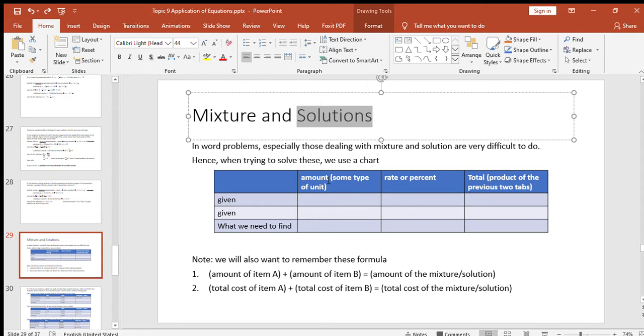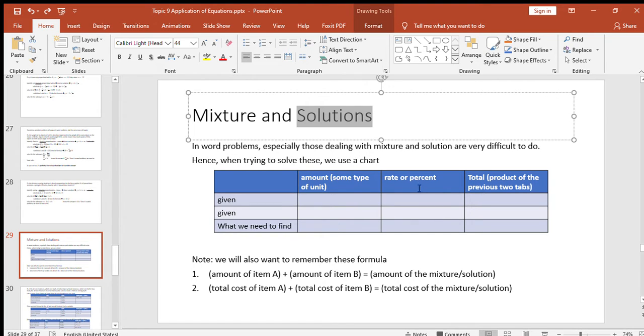It's whatever in the word problem comes with units. If it has pounds in it, you put it here. If it has kilograms, you put it here. If it has gallons, you put it here, whatnot.